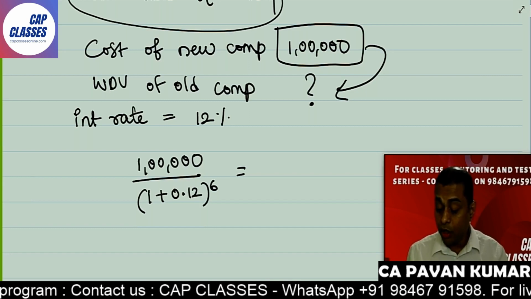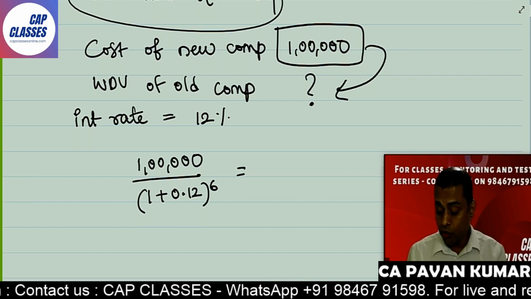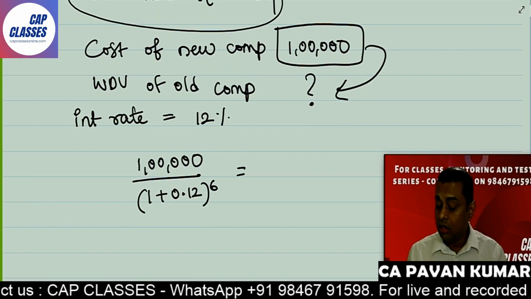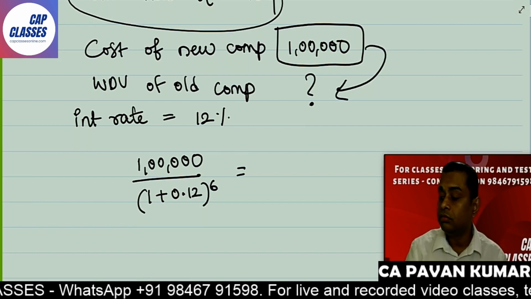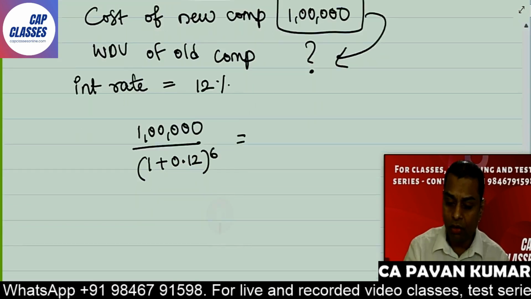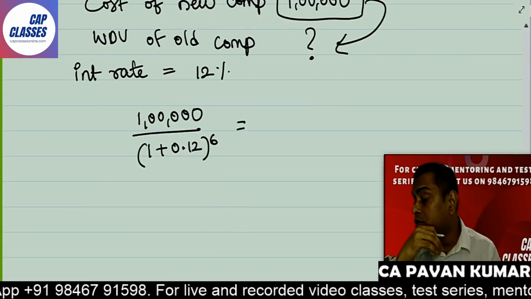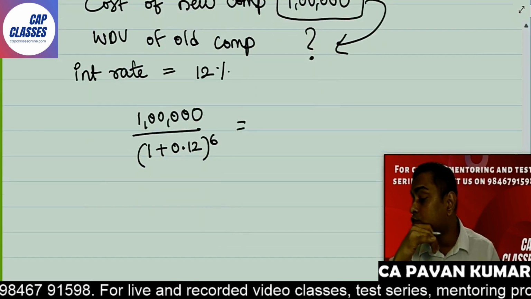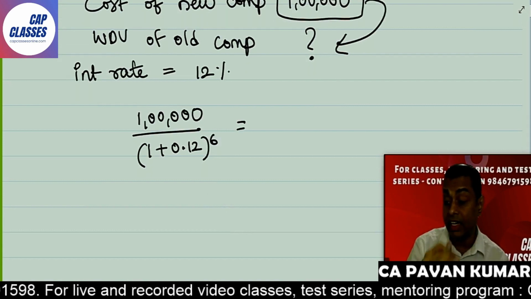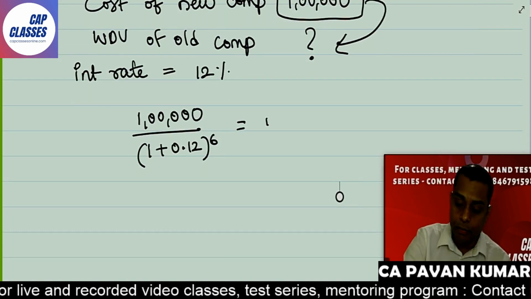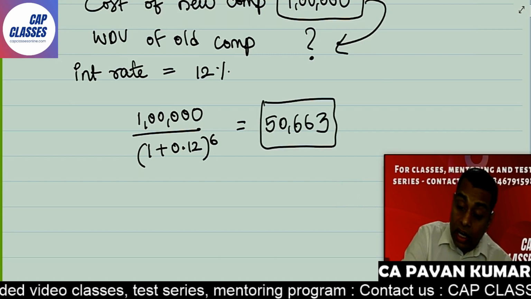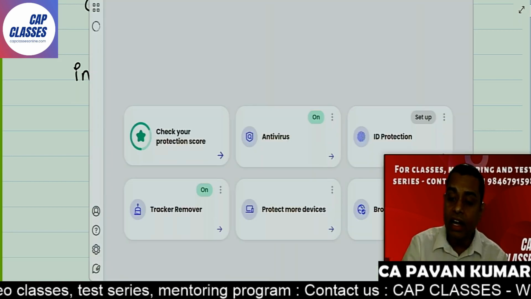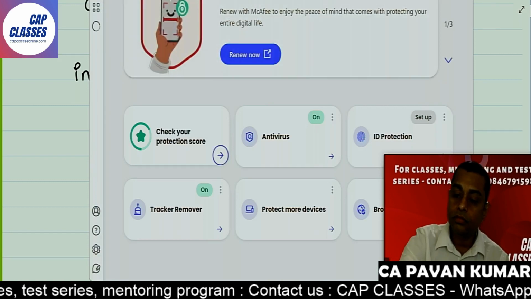Again divided by 1.12. 1, 2, 3, 4, 5, 6. 50,663. It could be wrong also. Doesn't matter. Okay, 5 years, 6 years, I don't know. I have charged 1, 2, 3, 4, 5, 6. I think it is correct. 50,663. So if you do not know the WDV of old component, you will calculate it like this.